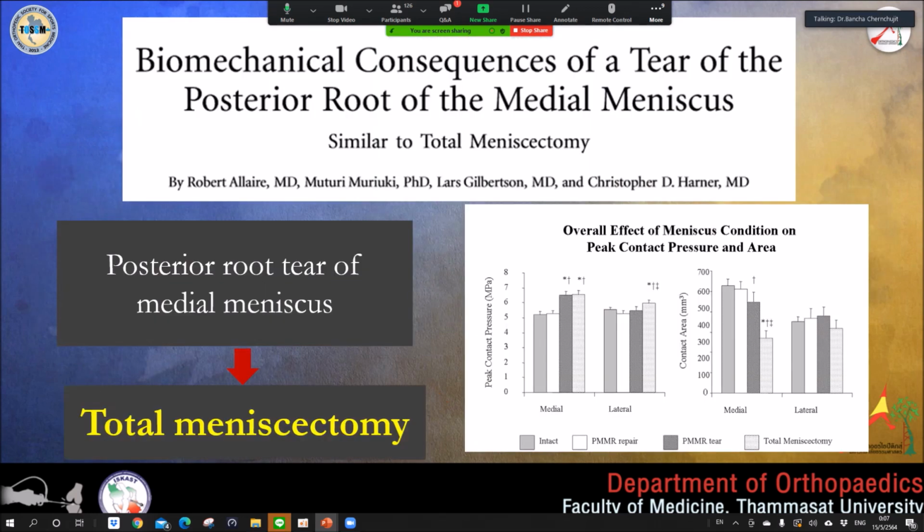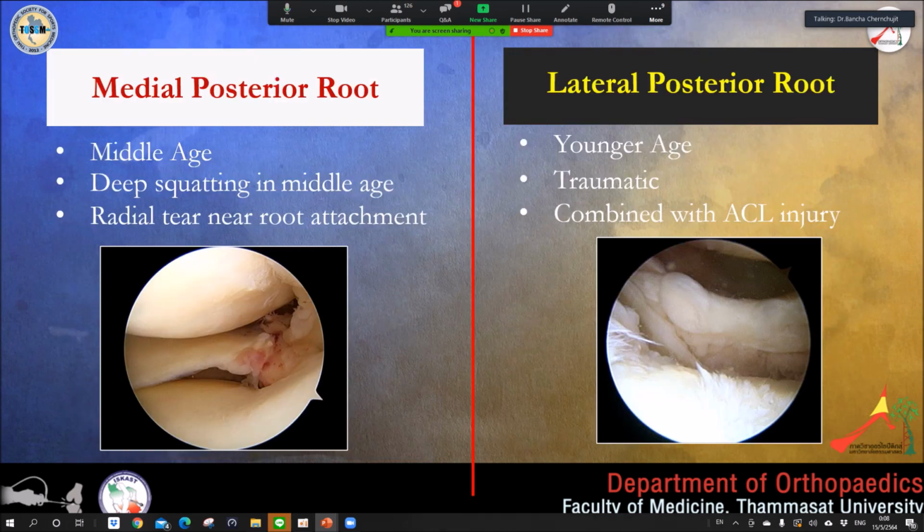One study found that a torn meniscus root is equal to a total meniscectomy. That is very bad. It looks very trivial, but actually this is a very bad situation for the meniscus, similar to total meniscectomy.